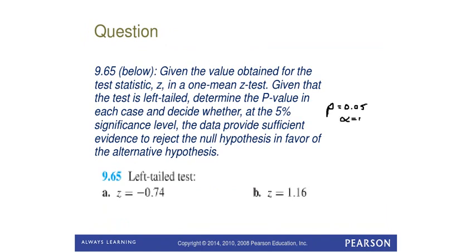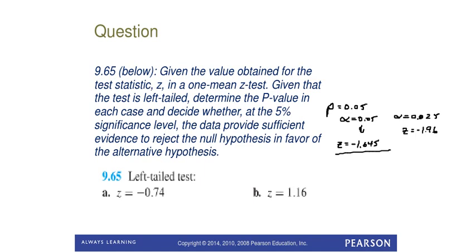If alpha is 0.05 in a left-tailed test, we associate that with z equaling negative 1.645. If alpha were 0.025, our z-value would be negative 1.96, that's our two-tailed test.